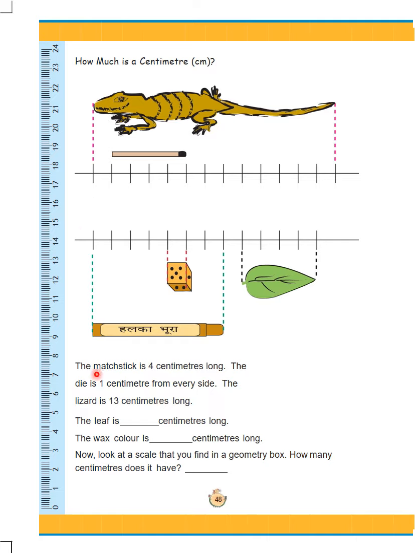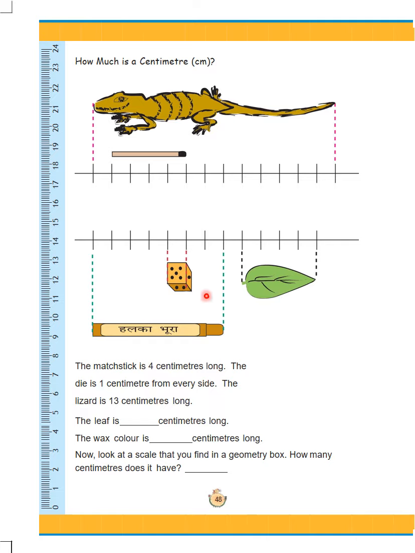The matchstick is 4 centimeter long. Here, count the lines on the scale drawn below to find the length of the matchstick. So, by counting 0, 1, 2, 3, 4, we found that the matchstick is 4 centimeter long.